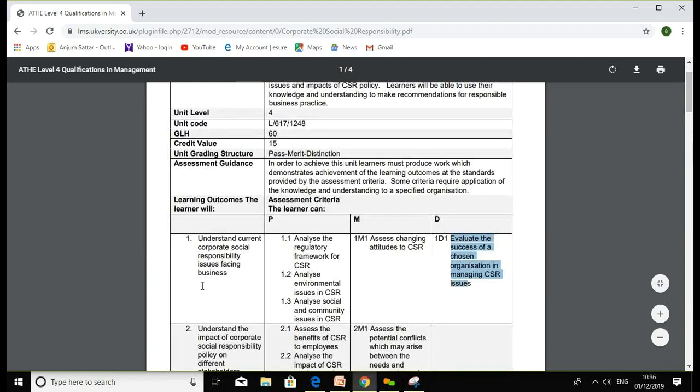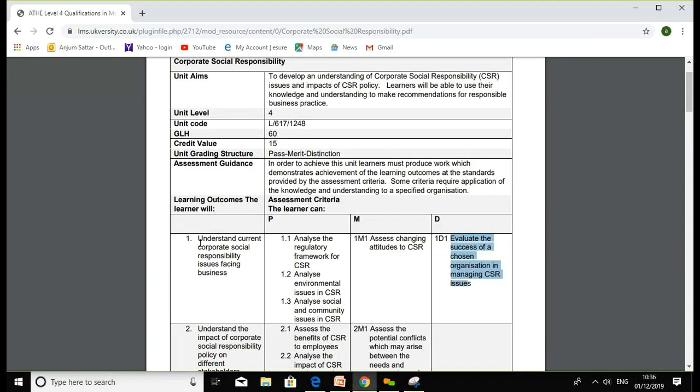We have three learning outcomes, and today we will go through understanding the current corporate social responsibility issues facing businesses. We'll go through different businesses, what sort of social issues they are facing, and how a business can address them. We'll analyze the regulatory framework for CSR, so different legislation for CSR.